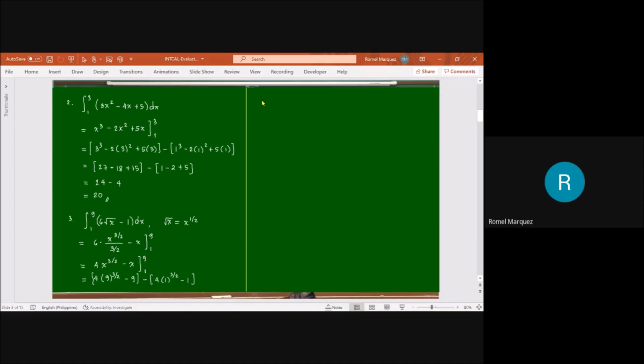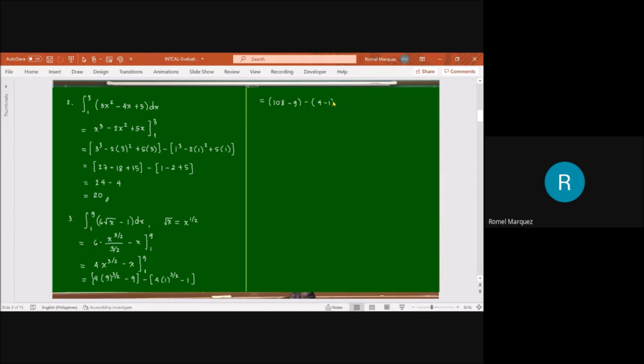Okay, get the difference. So by simplifying the expression inside brackets, no? 4 times 9 raised to 3/2. Let's take the square root first. The square root of that is 3, no? Then raised to 3. So giving 108. So we have 108 minus 9 minus, this is 4 minus 1 only, no?